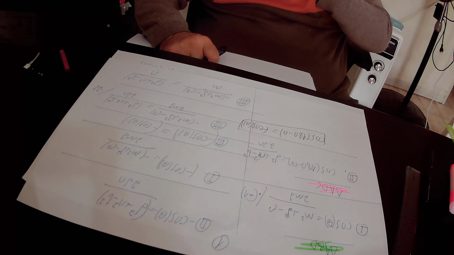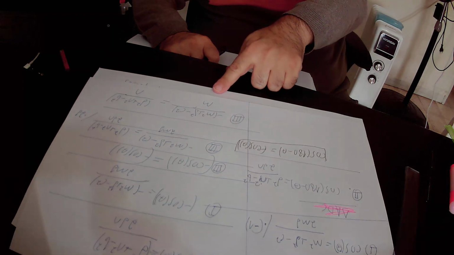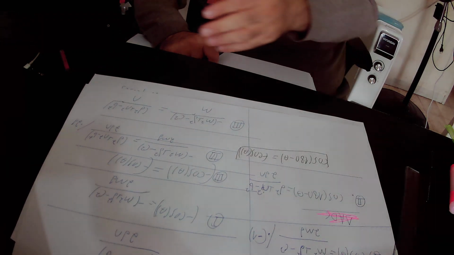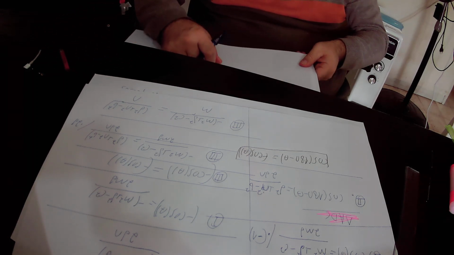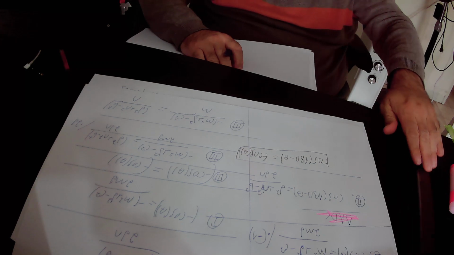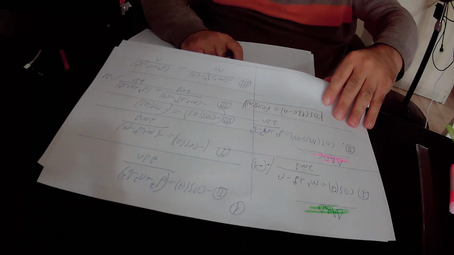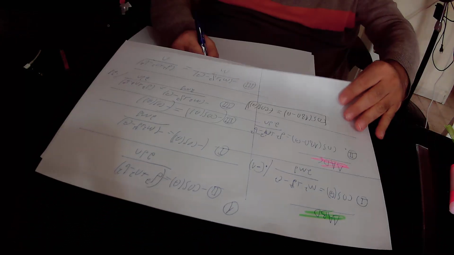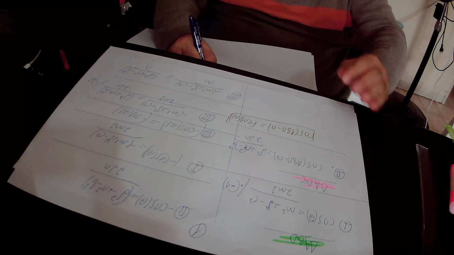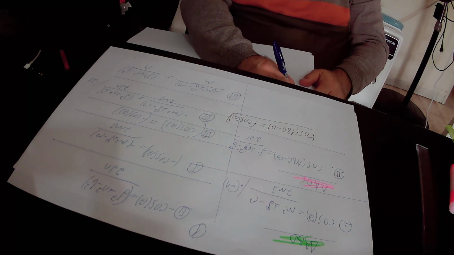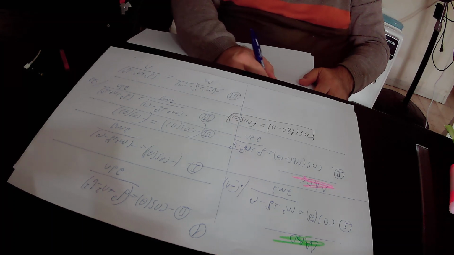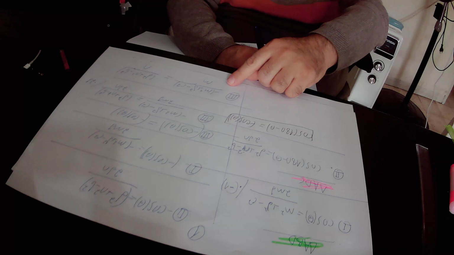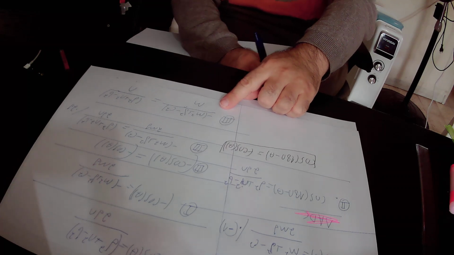In the next step, we will cross multiply equation number 3, and we get that according to equation number 3, a minus n.